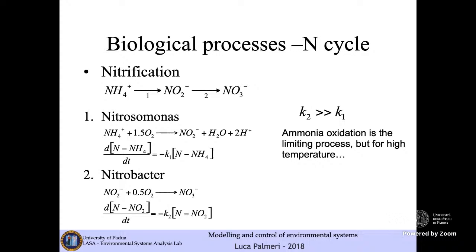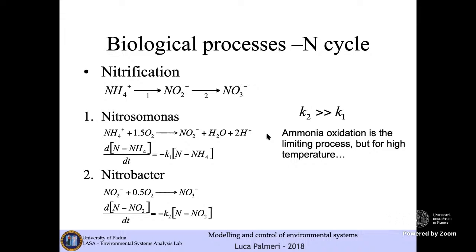In particular, we may recognize that the two different constants, K2 and K1, are very different. In particular, K2 is much larger than K1. This means that ammonia oxidation is the limiting process. As you know, these constants depend strongly on temperature, so for high temperature this may vary.